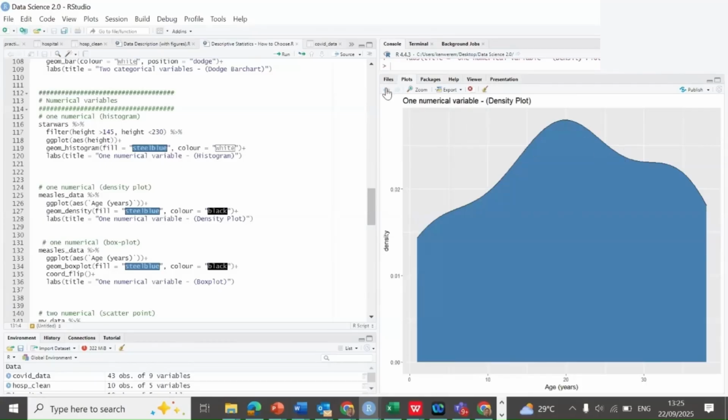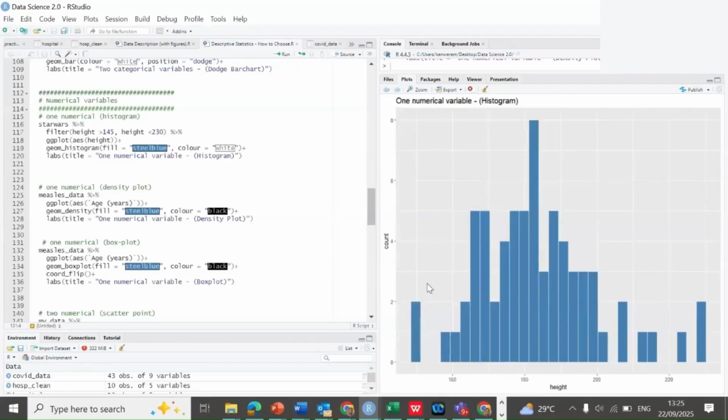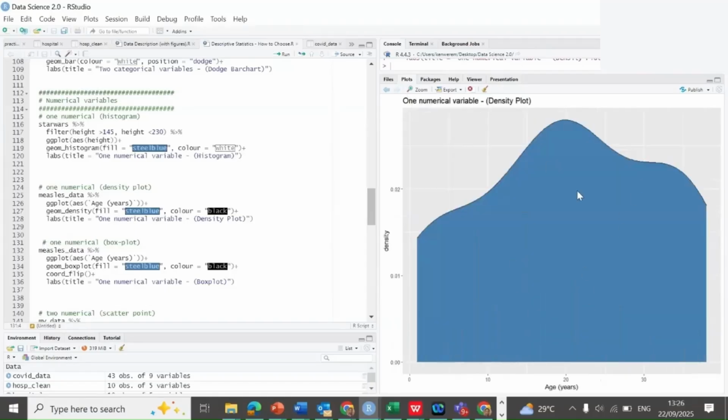You can see this pattern has a similar shape, but the density plot smoothens the rough edges of a histogram. And that is what we have seen in this plot. So again, it's the same height and density here. So this is a density plot used to describe one numerical variable.